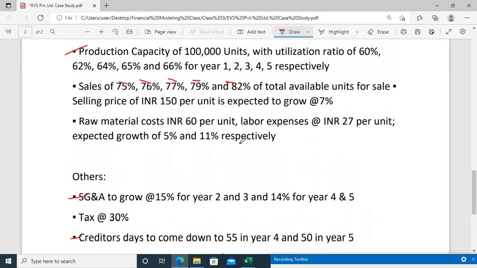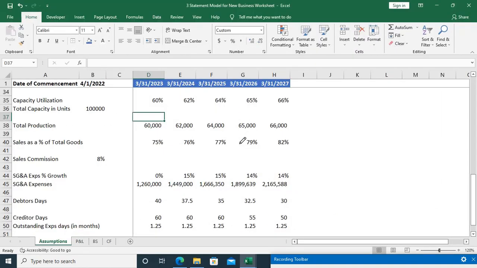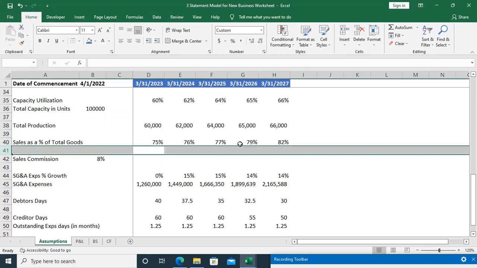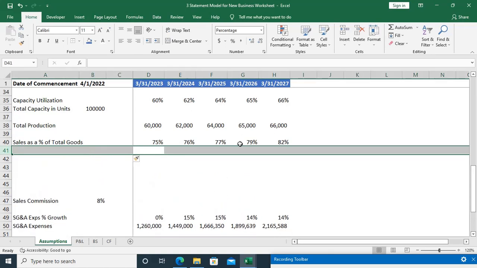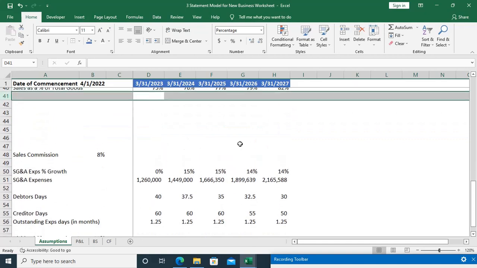Okay, we can do it in one place. Total production, sales, so percentage of total goods, sales commission. When we are discussing the sales commission, I guess we can do it here also. Why not? We can do it here.